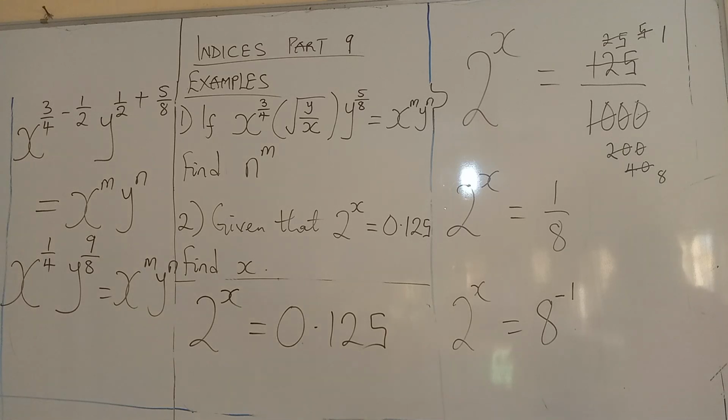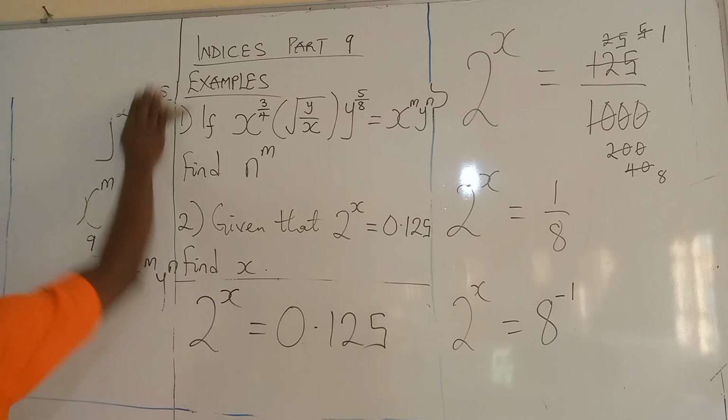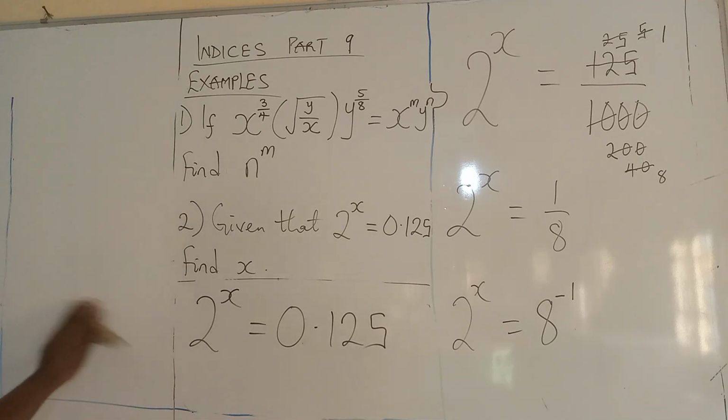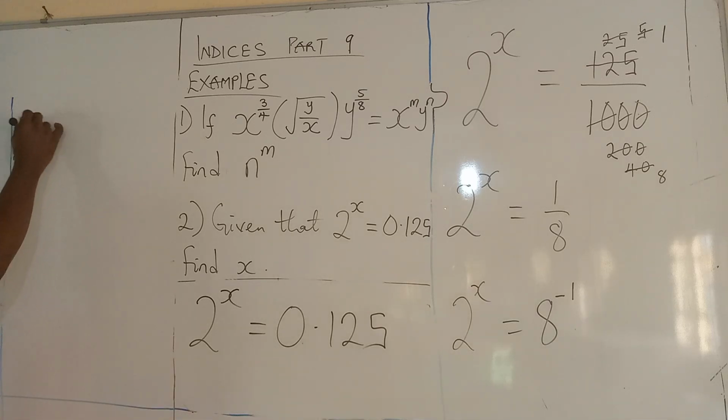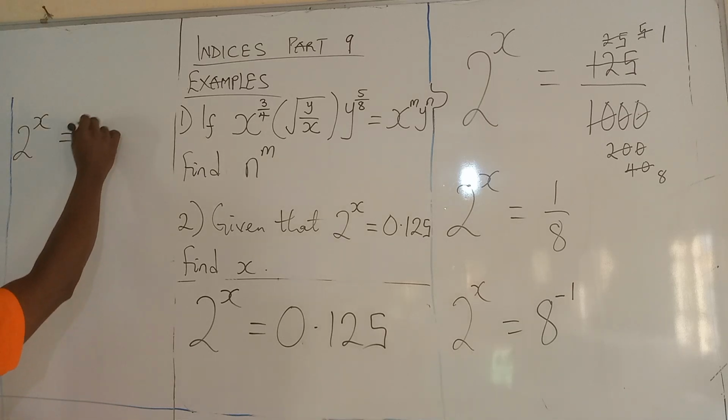Remember from our knowledge, that's why I'm saying try and go through part 1 before coming over to part 9. We have done something similar to that in part 1, laws of indices. So 2 raised to power x. 8 is the same thing as 2 raised to power 3, which means that 8 can be written as 2 raised to power 3.